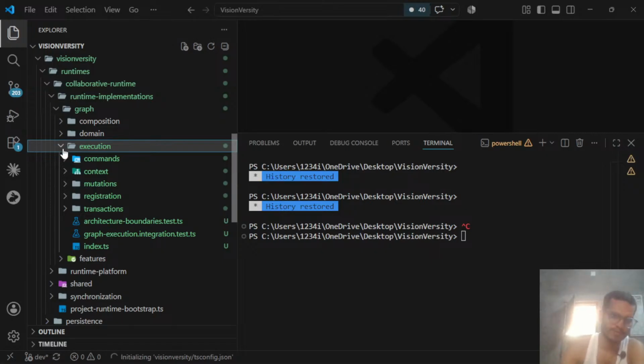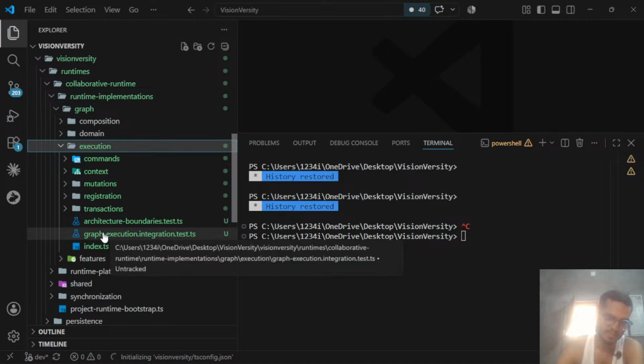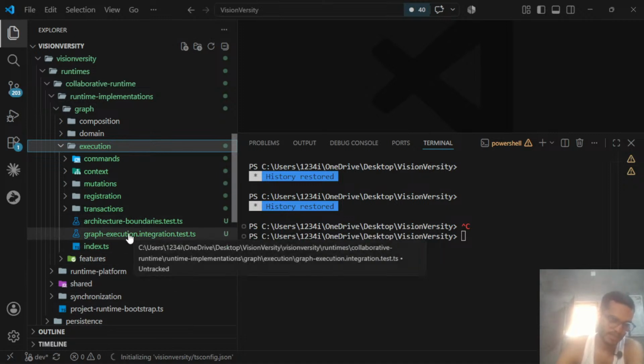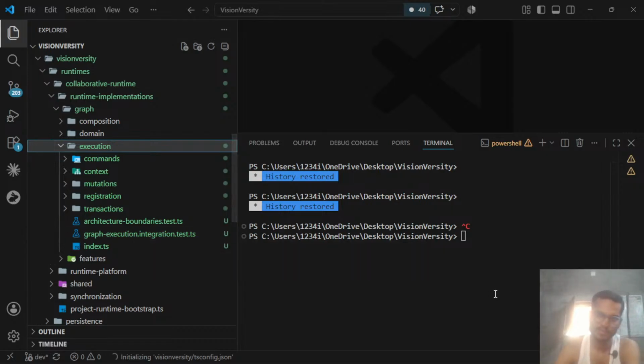Now I have generated this entire execution code base. If you look at it, I also have integration tests and unit tests.